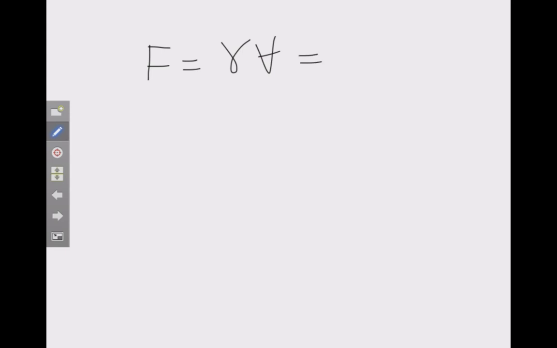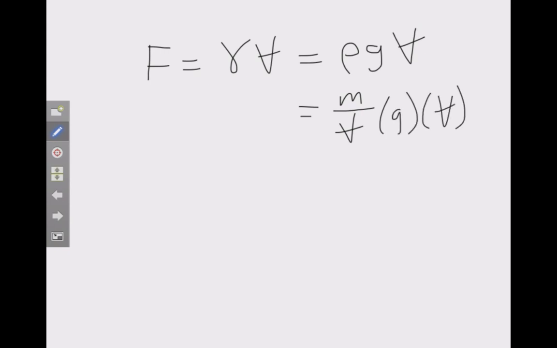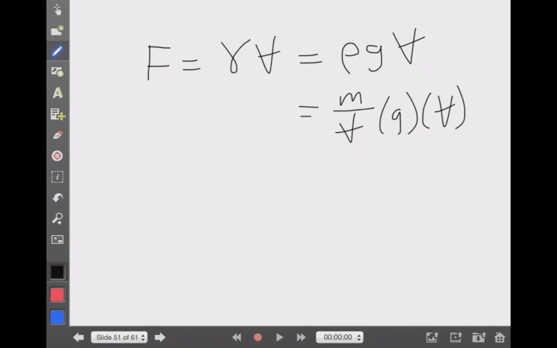This gamma, if you remember, is just rho times g, and rho is m over volume, so rho times g times v is m over volume times g times v, and so gamma times volume is just equal to mg.